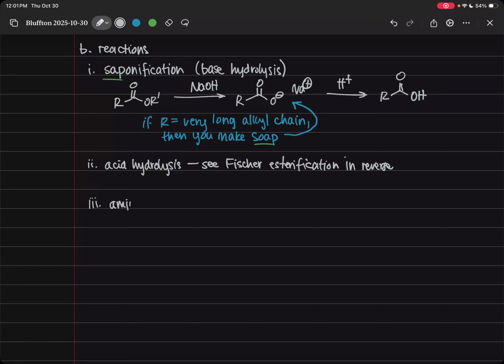Third is not a very good reaction, but it's there, and that's aminolysis. You take an ester and add to it ammonia or some other amine. The reaction's pretty slow, and so it's not used particularly often, but you can convert an ester to an amide by doing this reaction.